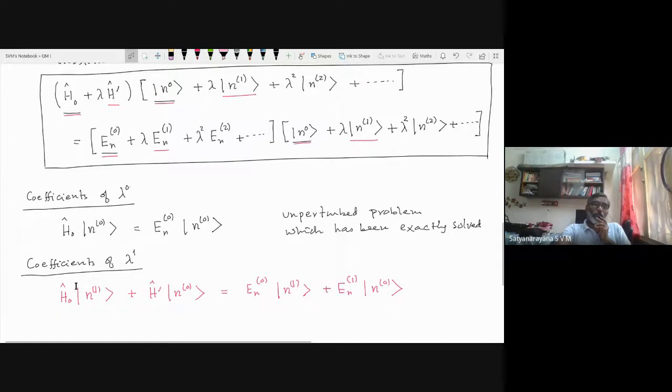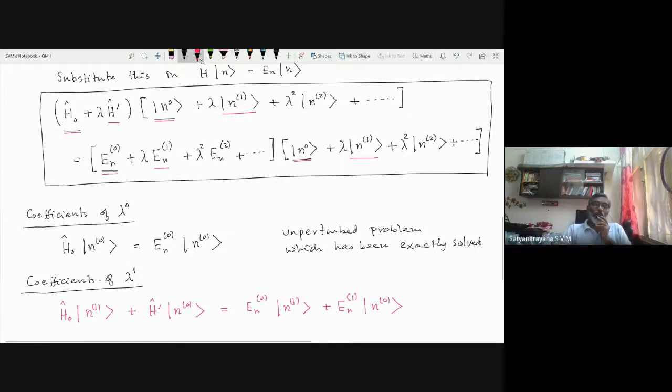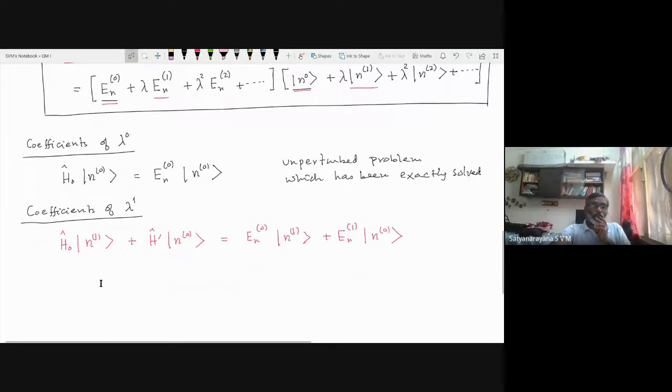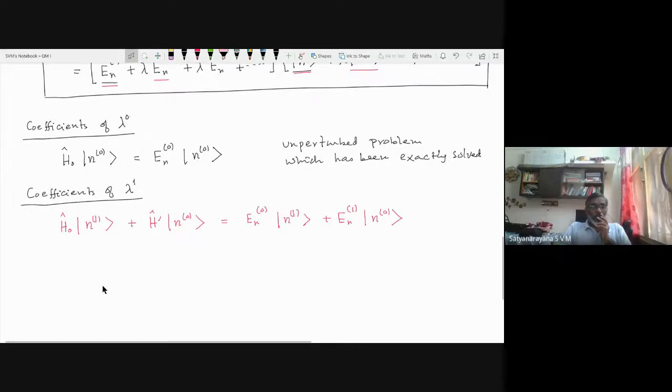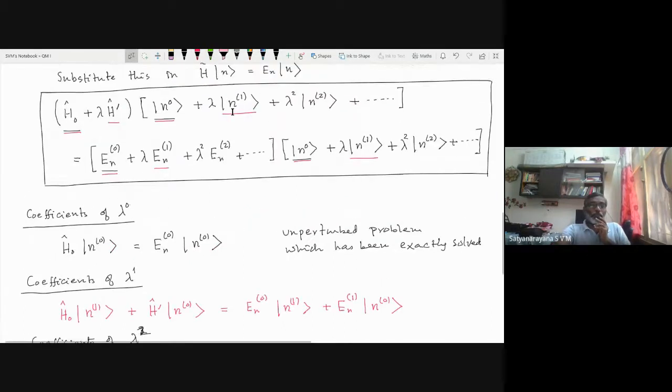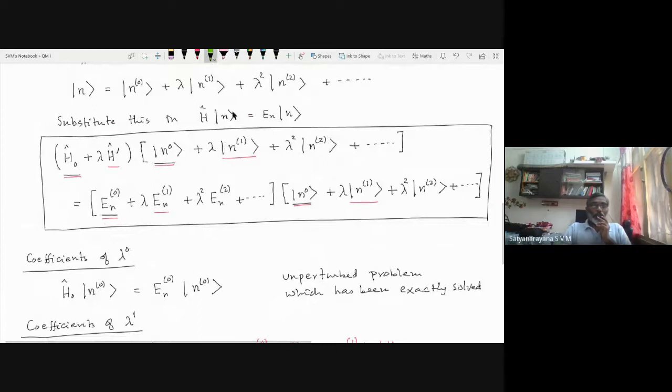Now we can also collect the coefficients of lambda 2, lambda square. That's what I meant. So coefficients of lambda square. So that will be H naught acting on n2 and H prime acting on n1.